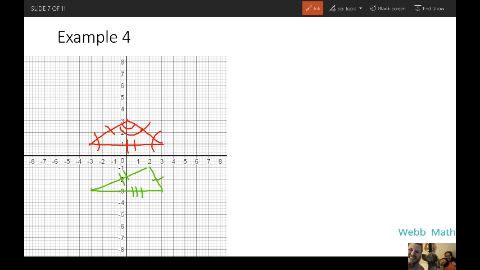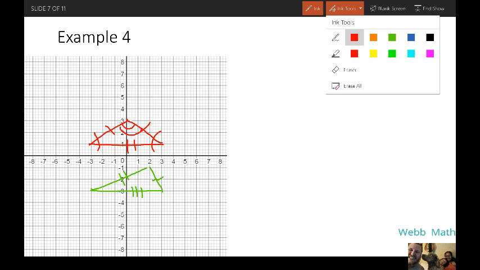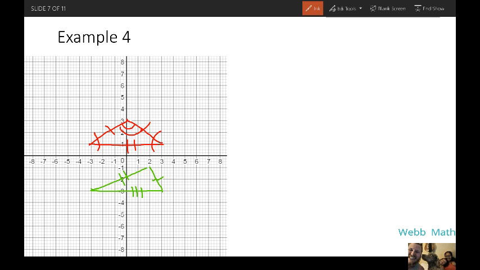So your answer for this is the red triangle and the green triangle are not similar. And that's because their angles are not the same.